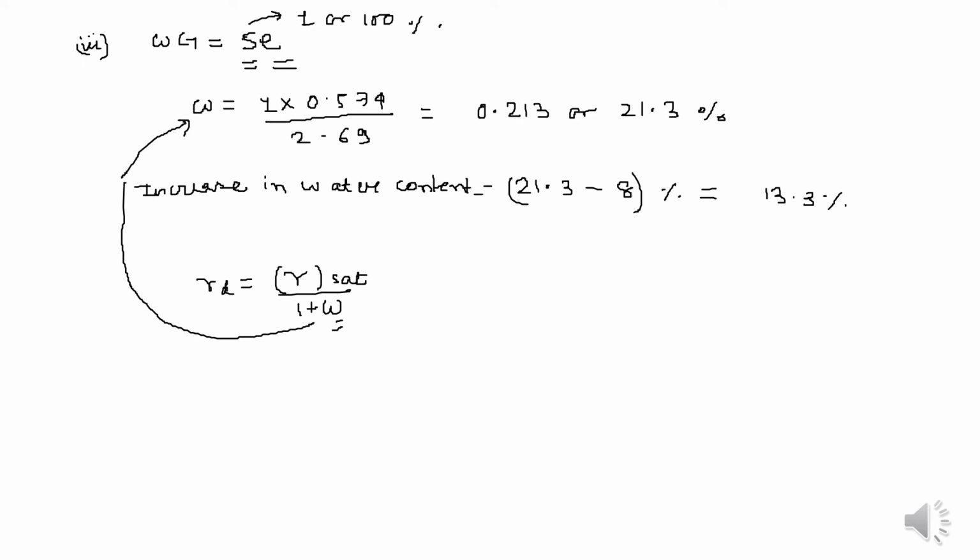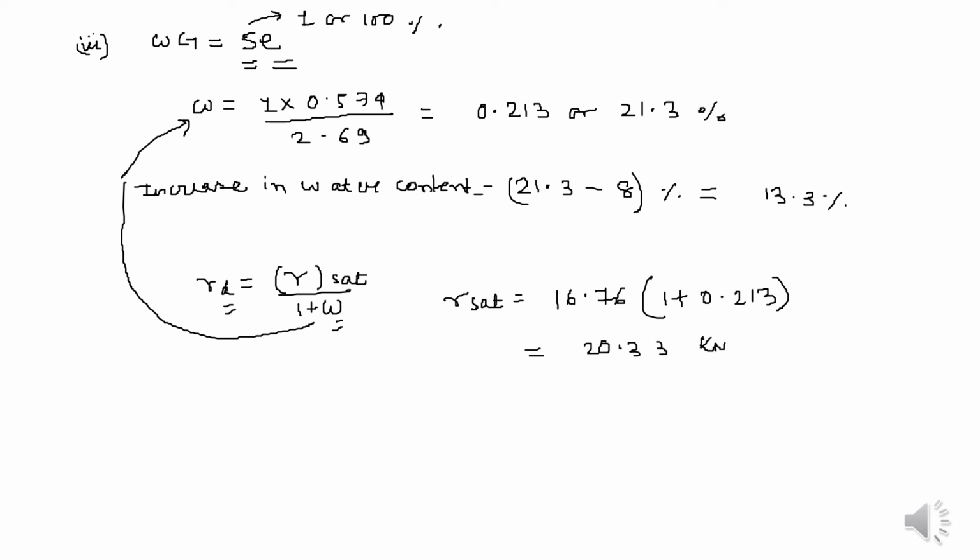We know the dry unit weight of the sample, which we calculated in part 1. So the saturated unit weight is equal to the dry unit weight, 16.76, times 1 plus the water content of the sample, 0.213, and we get the saturated unit weight as 20.33 kilonewton per meter cube.